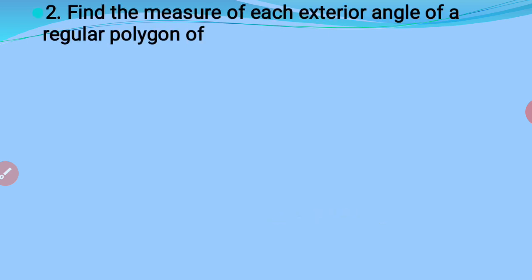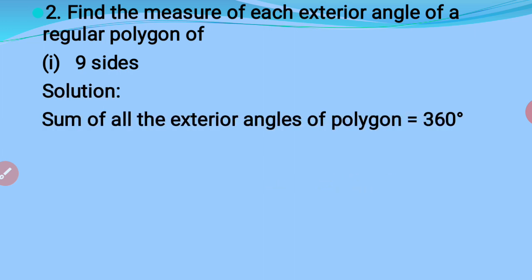Find the measure of each exterior angle of a regular polygon. Here the polygon is a regular polygon and we have to find the measure of each exterior angle. We do have a formula. The measure of each exterior angle of a regular polygon is 360 divided by n, where n is the number of sides of the given regular polygon.